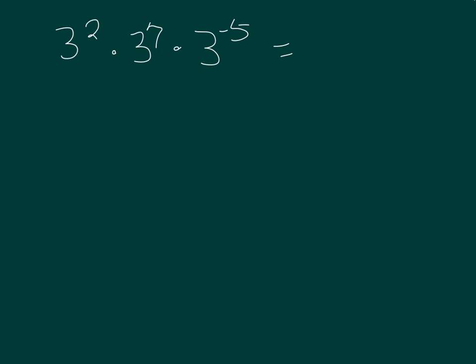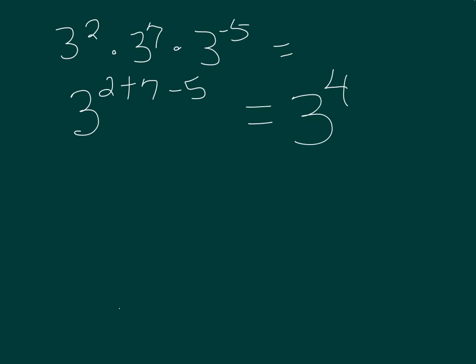We're going to add those exponents. So we have 3 to the 2 plus 7 minus 5. 2 plus 7 is 9, minus 5 is 4. We have 3 to the 4th.